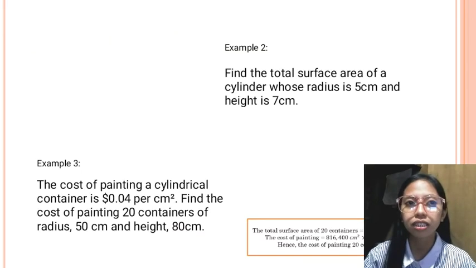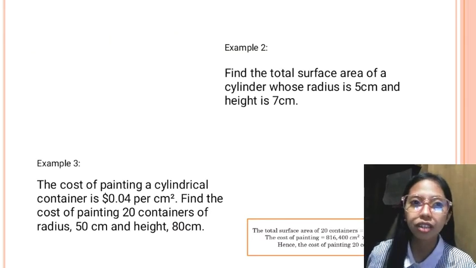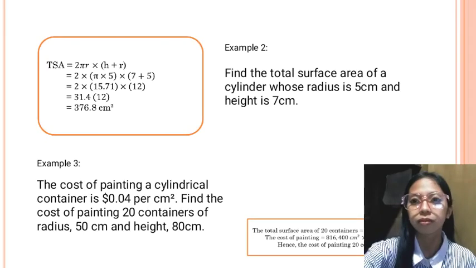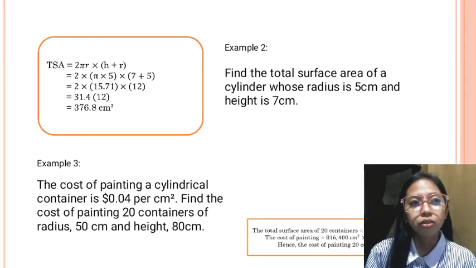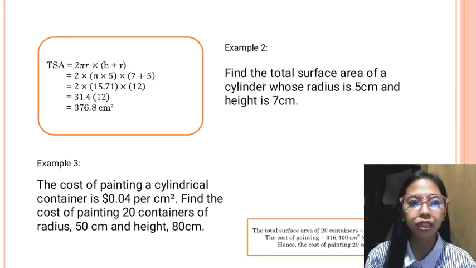Next example is, find the total surface area of a cylinder whose radius is 5 cm and height of 7 cm. So, substituting the given numbers, we will now derive the equation of 2 times 3.14 times 5 times 7 plus 5.